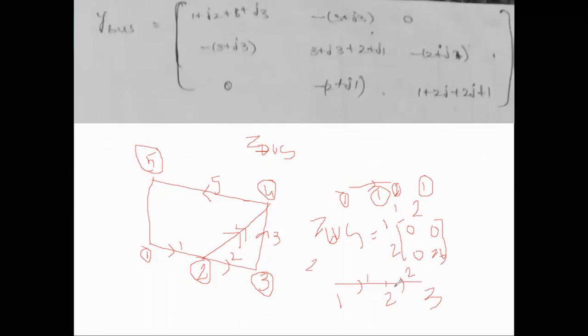The element 2 is added between nodes 2 and 3. Node 2 is the old bus, and node 3 is the new bus. Therefore, it is added from the old bus to the new bus.